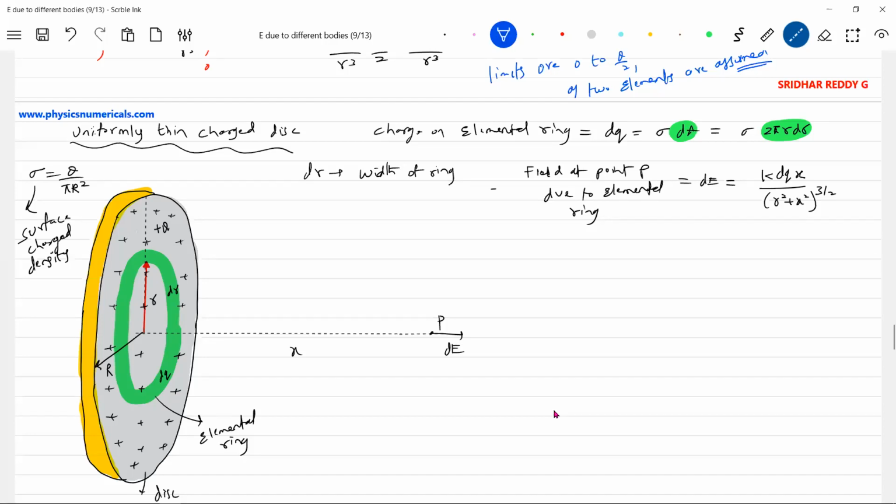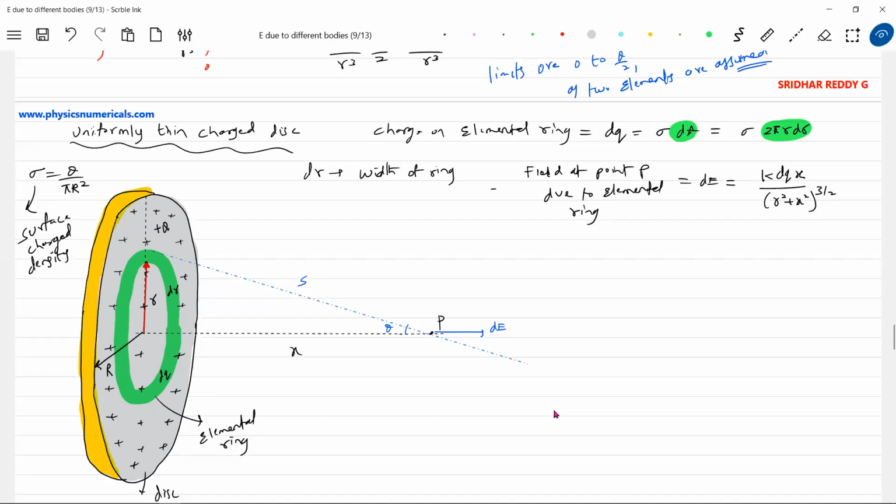So this is theta. We have taken almost all symbols. Tan theta, what can we write? R by x.